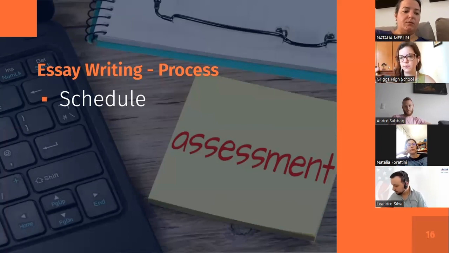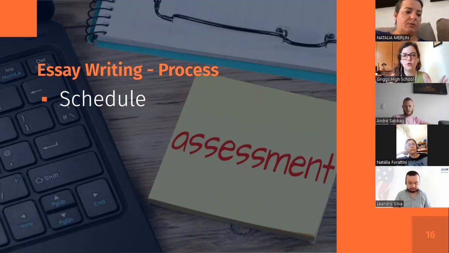So in every subject, we work with drafts, okay? Because essay writing is a process and we want our students to excel and to build the essay really step by step. So we work with scaffolding the process. I usually do 3 drafts.